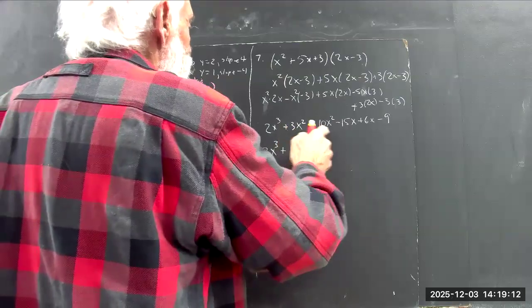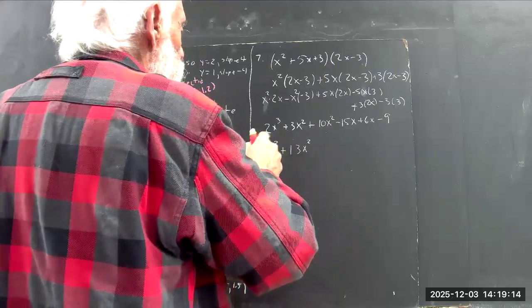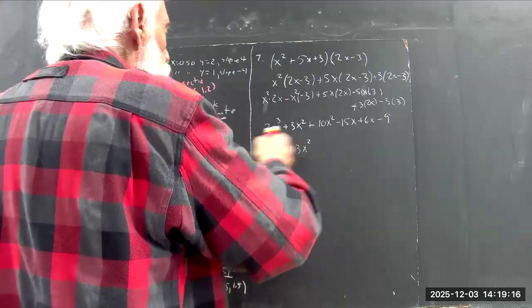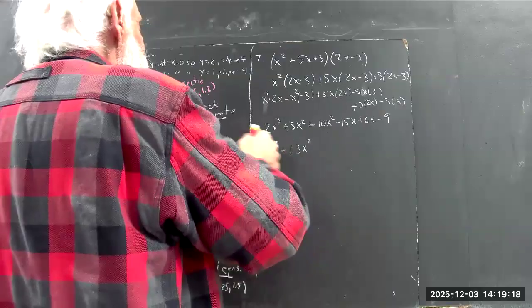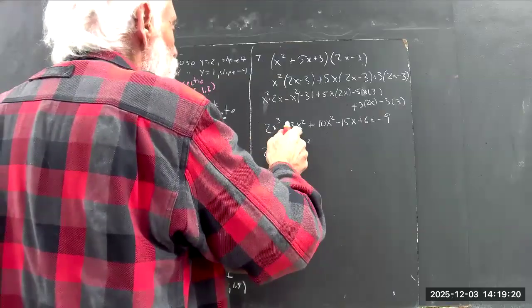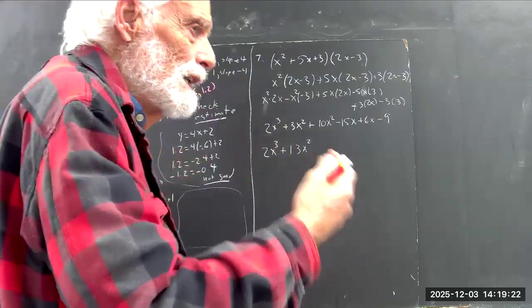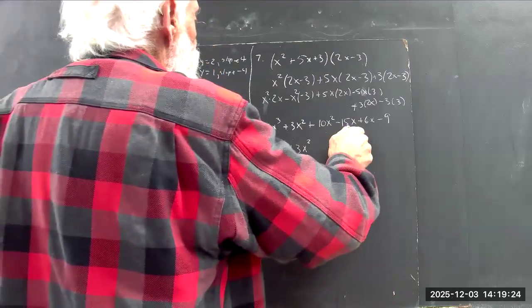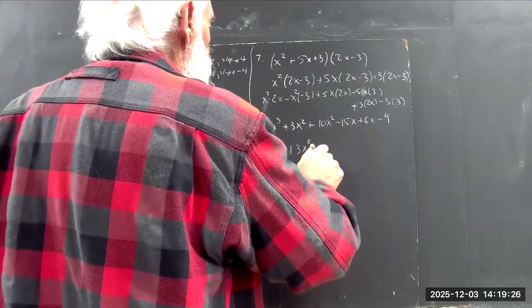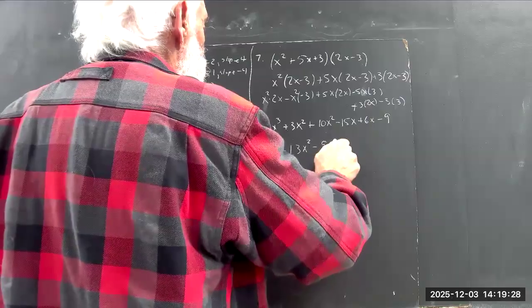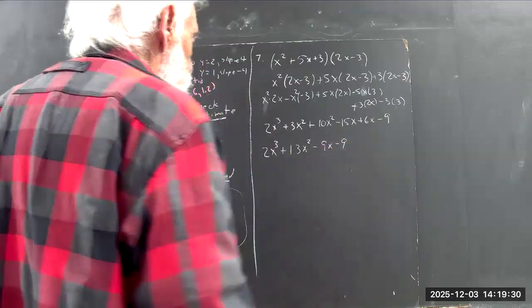We can't add anything times x squared to x cubed because as x changes values, x cubed and x squared don't change in the same way. Okay, well, -15x and 6x is -9x, and then we have -9.